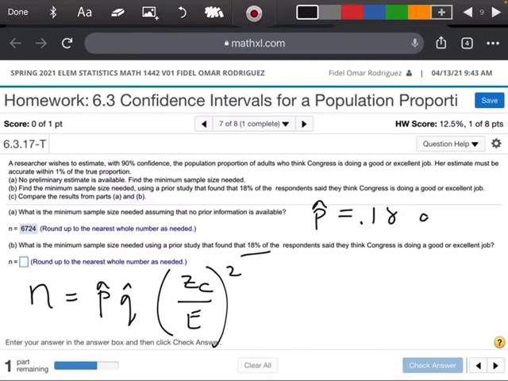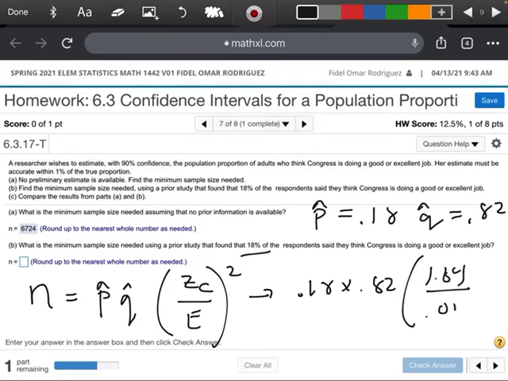Remember, my q-hat is going to be 1 minus 0.18, which would give me 0.82. So I'm going to do the same thing, 0.18 times 0.82 times 1.64 over 0.01, squared, right?